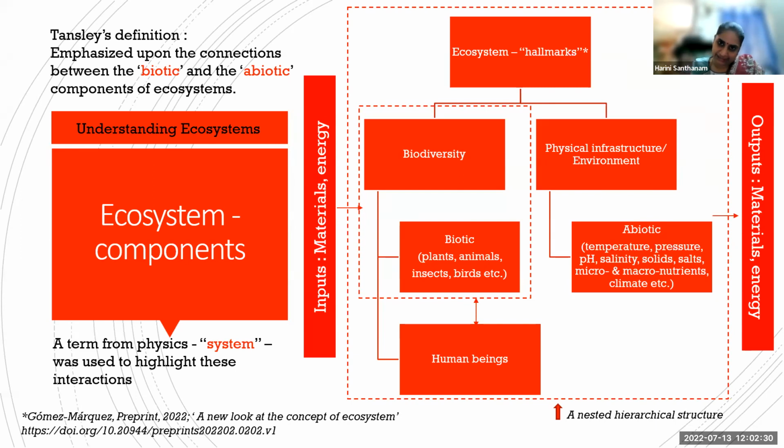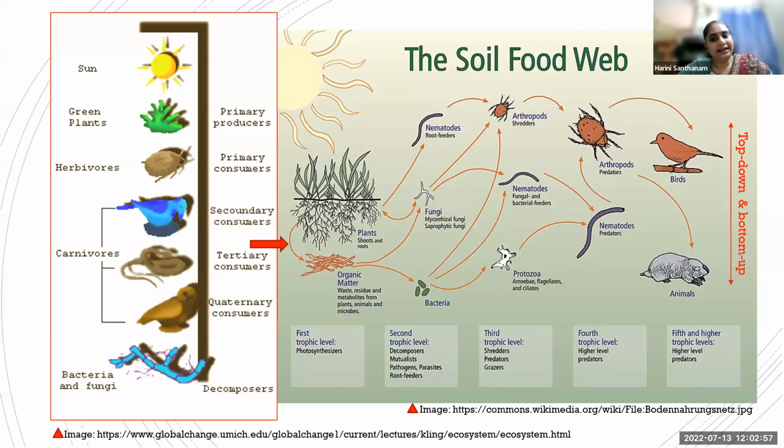Input, there is energy, and there is output energy. So here we see what is called a nested hierarchy structure. That is what an ecosystem is about. Each component is nested within itself in terms of material usage, energy usage, and interactions with particular communities and other factors.